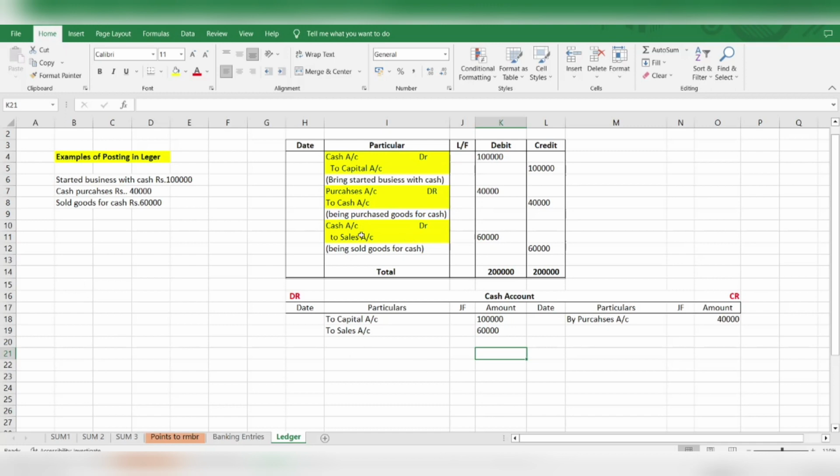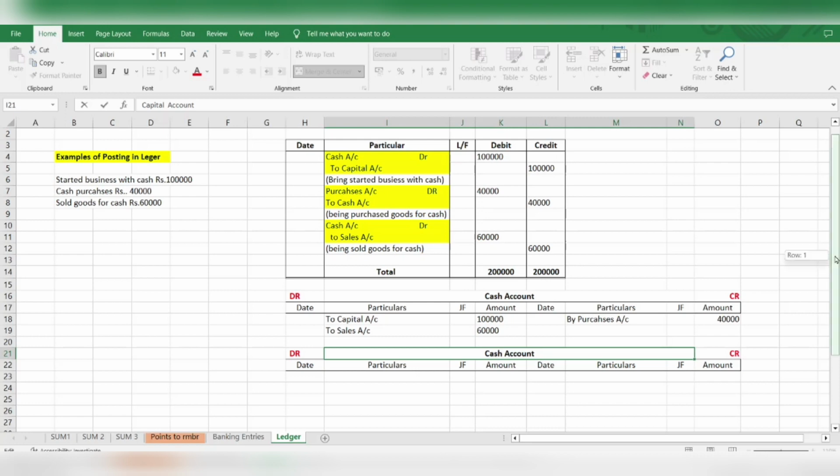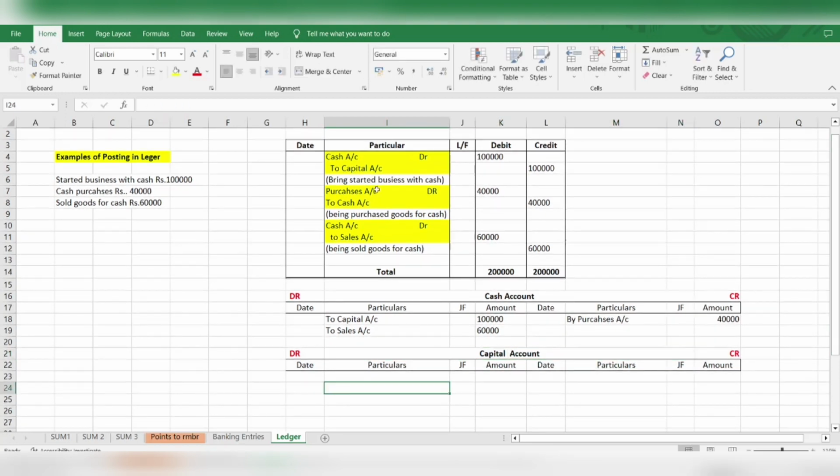Next let us prepare capital account. So here capital account is credited by what? Capital account is credited by cash account for rupees 1 lakh.